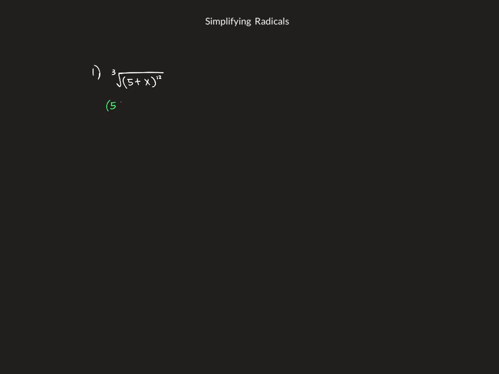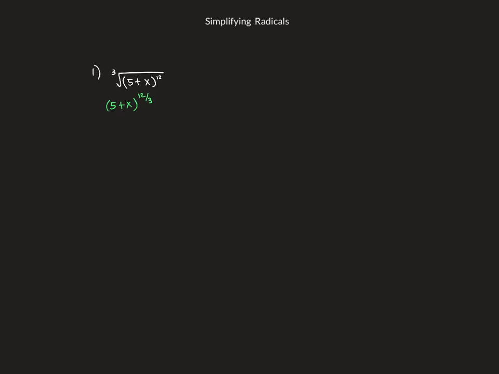Let's expand it. So we have 5 plus x, whole to the power of 12, cube rooted, which would just be 5 plus x to the power of 12 by 3.